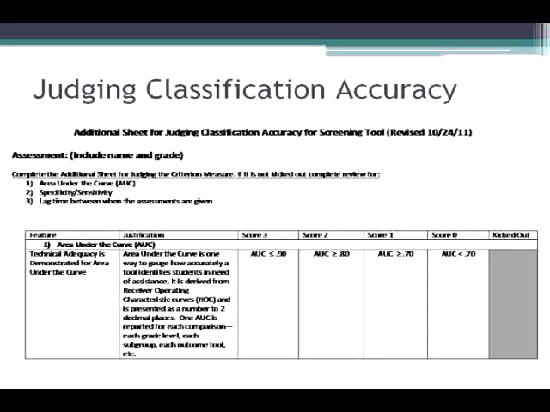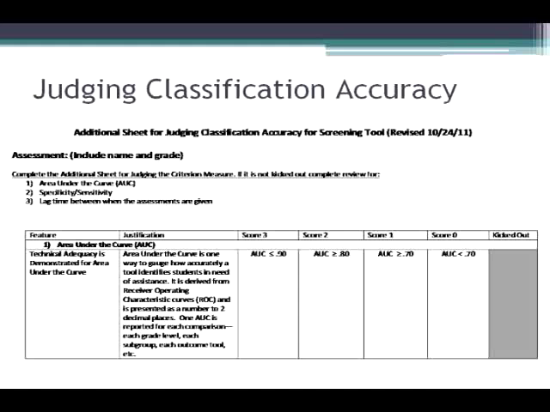The additional sheet for judging classification accuracy includes the three sections on area under the curve, specificity, sensitivity, and the lag time between when the assessments are given. Area under the curve is only one metric that can be used to judge how well a tool classifies individuals as proficient, non-proficient, or passing, not passing.